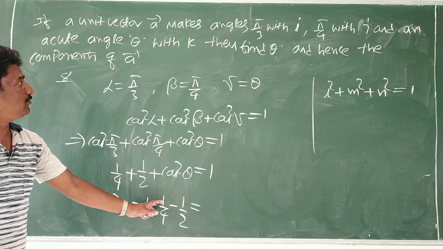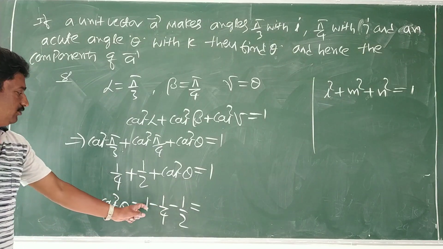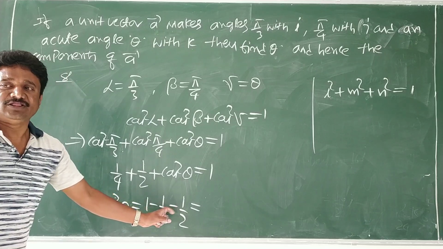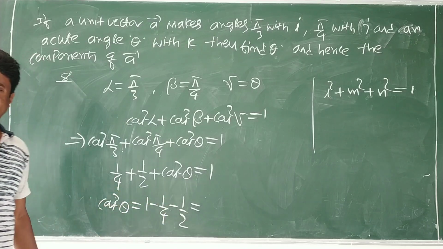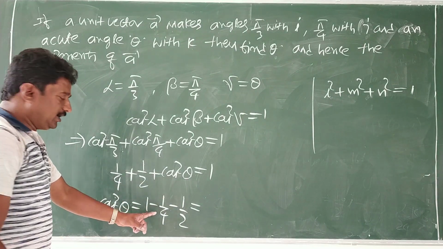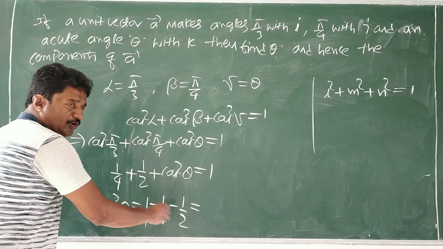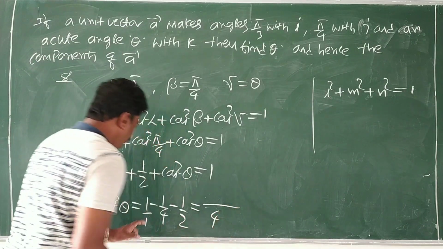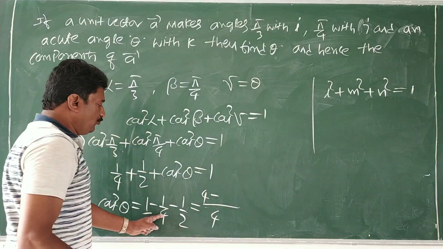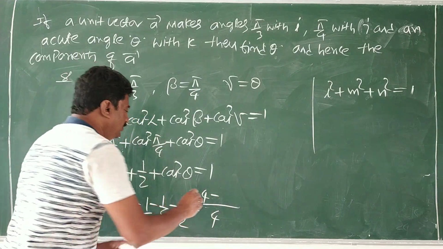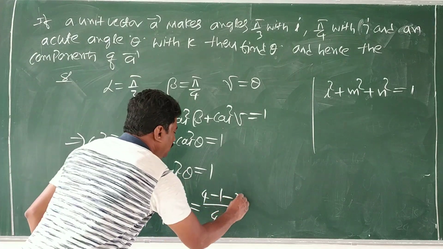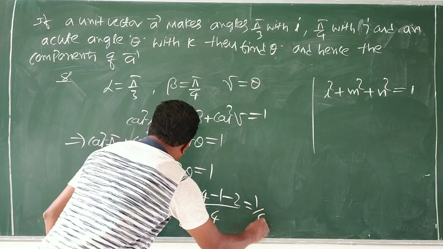The LCM is 4. 4 minus 1 minus 2 is 1, so the answer is 1 by 4.